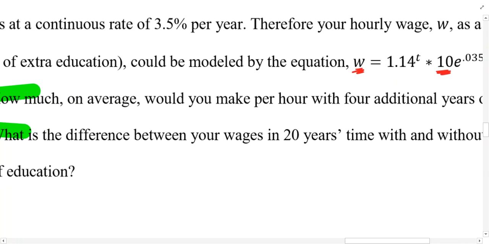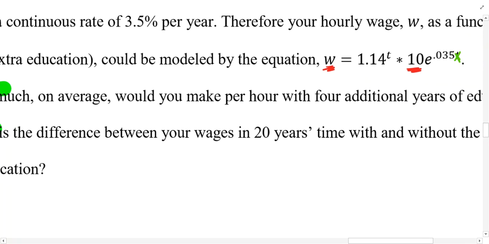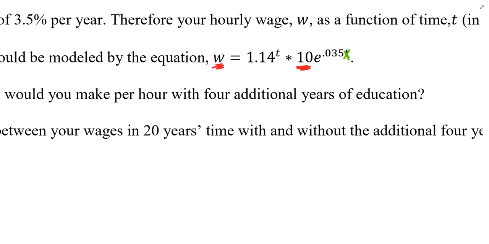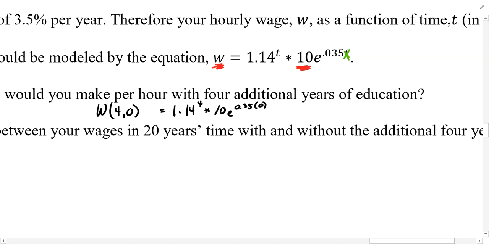So if we were to answer part A, how much on average would you earn per hour with 4 additional years of education? Well, that would be an example of this wage function where t is equal to 4. So let's maybe write it this way: wage based on 4 extra years of education, but no extra time on the job, so we'll call that 0.